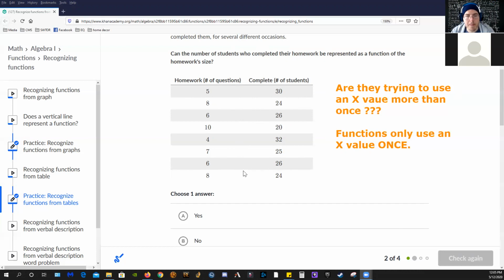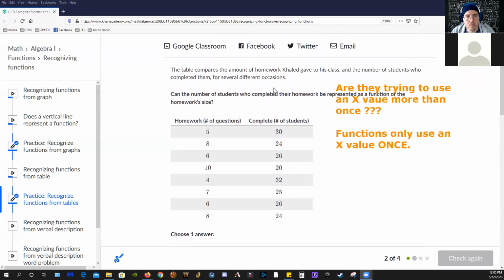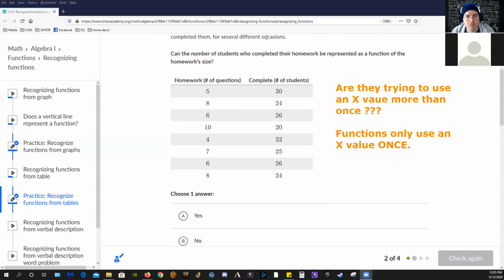So that makes these the x values. I guess that's going to trip some people up if they mix up which column is which. Can the number of students who completed their homework be represented as a function of the homework size?